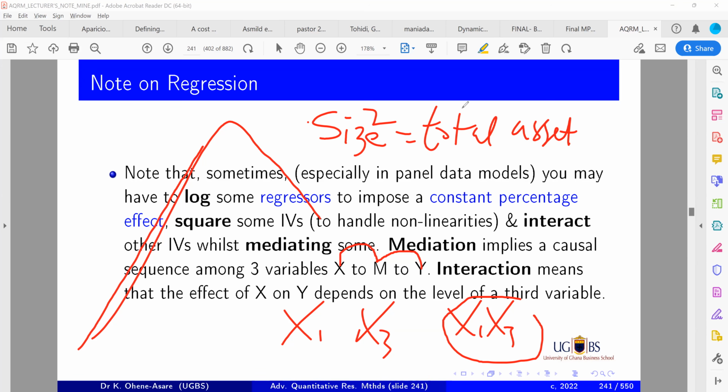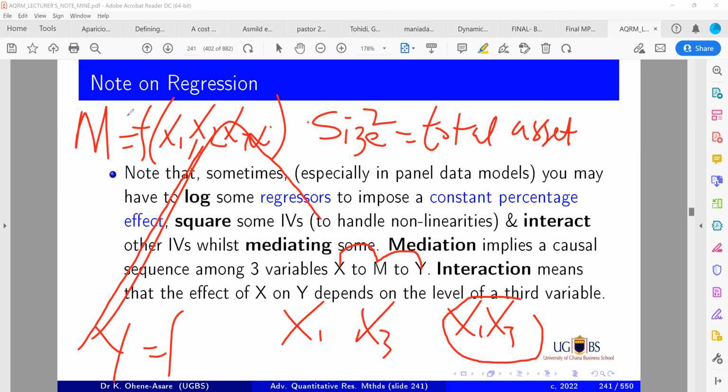So you do something known as X variable affecting M. So M becomes a dependent variable, which is being affected by X1, X2, X3, X4. Now you have the M, but that M is not the only variable you have. Now you are going to have Y being affected by M1, M2, M3.